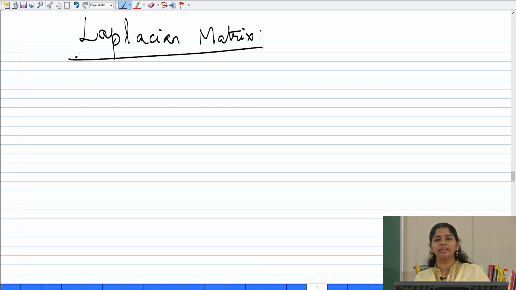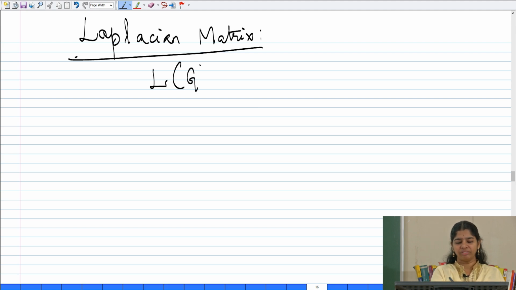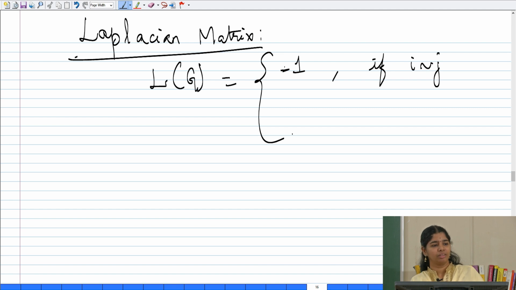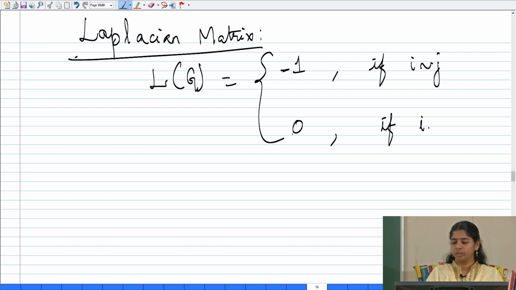The Laplacian matrix is defined as follows. Suppose I have the graph G. L of G has entry minus 1 if i is adjacent to j, and 0 if i is not adjacent to j, and of course i not equal to j.